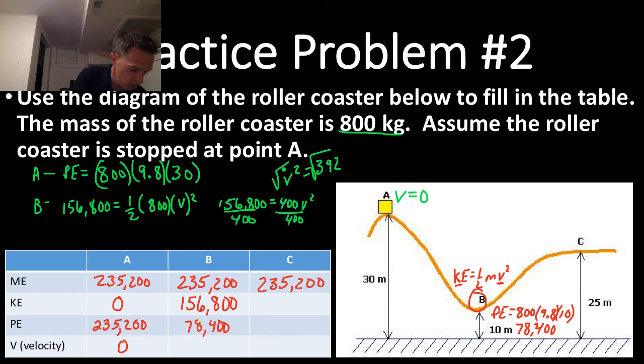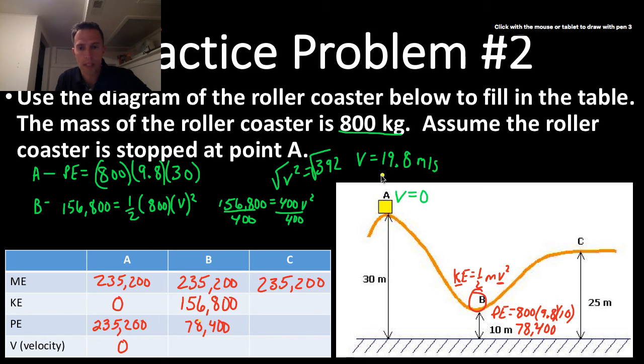So the square root of 392 is 17.8. Or no, sorry, that's 19.8. So velocity is equal to 19.8 meters per second.